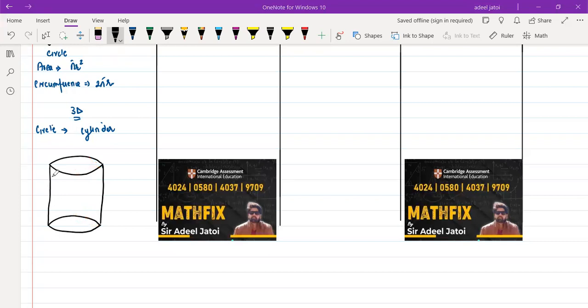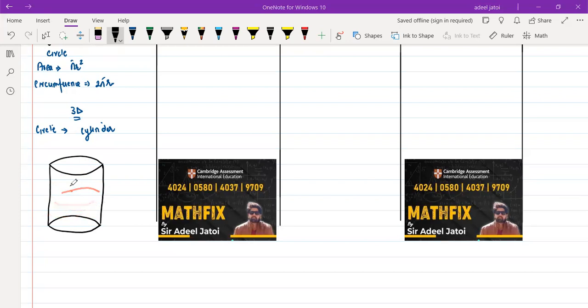If you look at this part, it is basically the curved surface area. That means the entire curved surface area has small circles, which obviously will make the curved surface area.